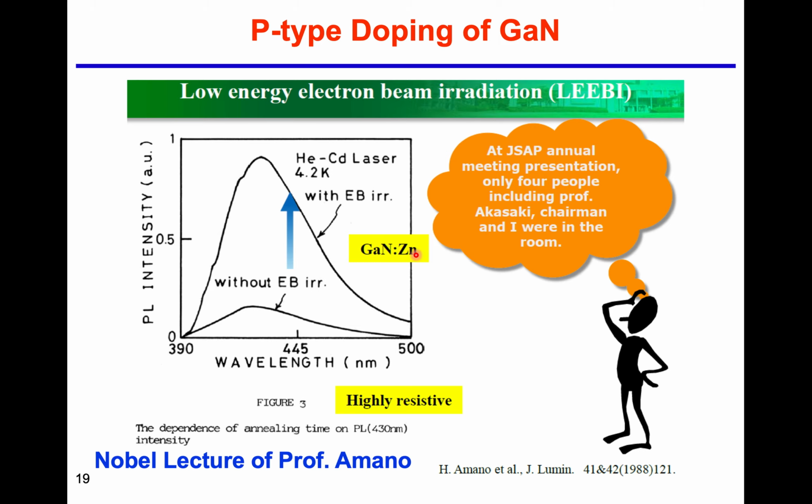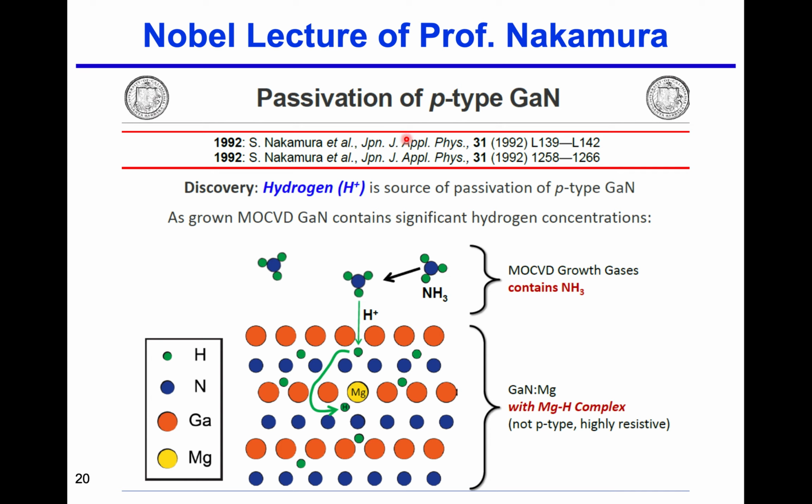But at that time they just provided some energy here, and they didn't know what happened, or the electron beam is not suitable for mass production. So Professor Nakamura used another method to achieve the same thing, and he explained the phenomenon.